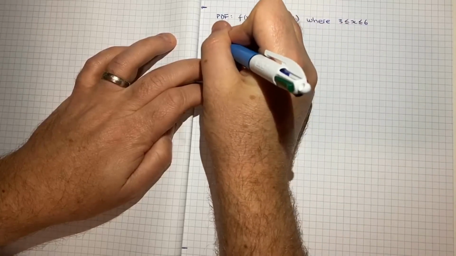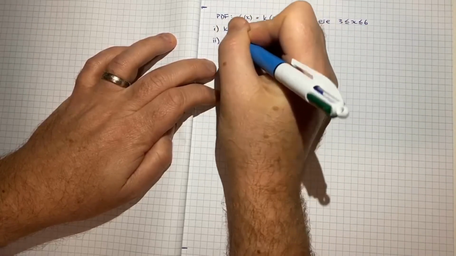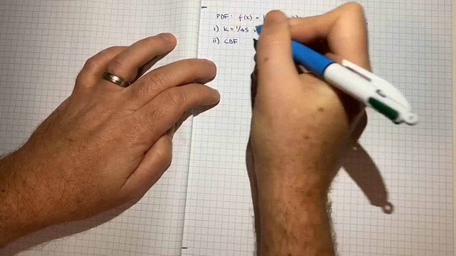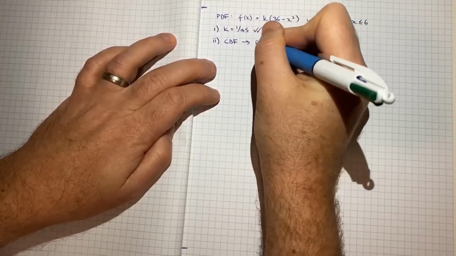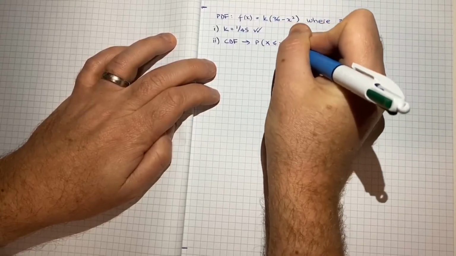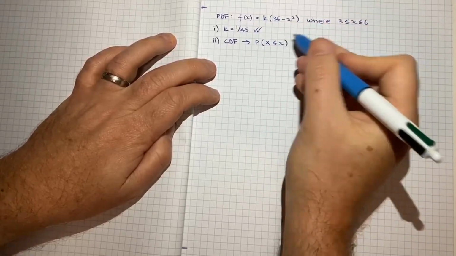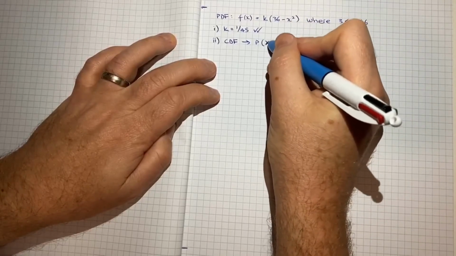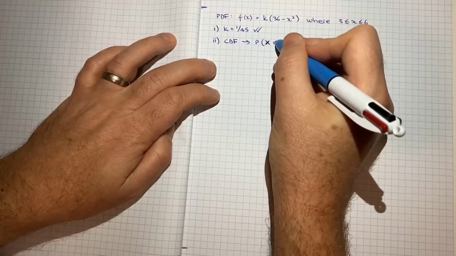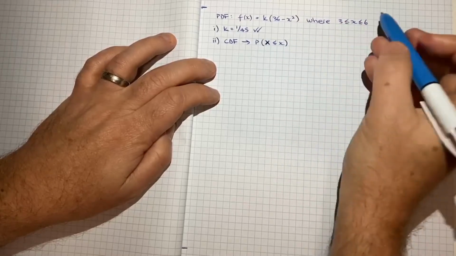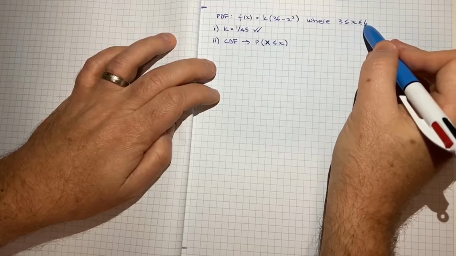So we get straight into part 2, which is to find the cumulative distribution function, which is defined as the probability that our random variable takes a value less than or equal to any value. So here it's the probability that our random variable capital X takes a value less than or equal to lowercase x, being whatever value where we know x is between 3 and 6.